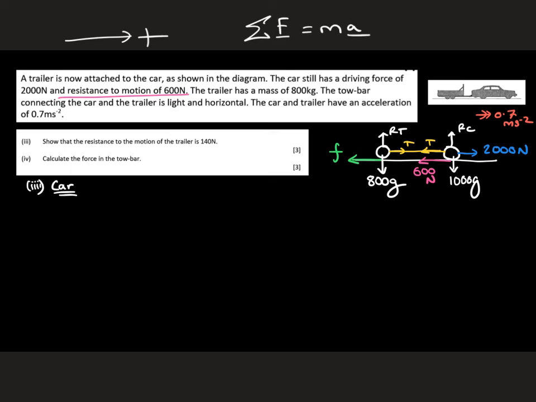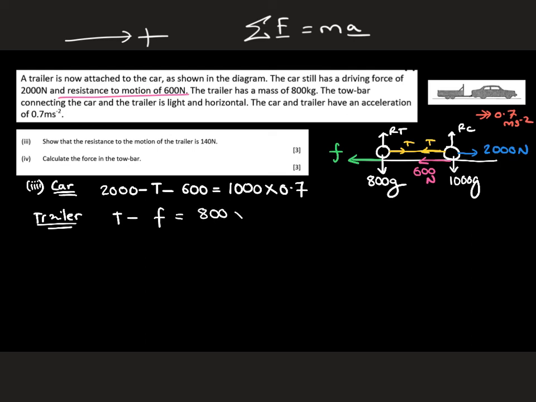So, for the car, we have 2,000 newtons forwards minus T minus 600 equals mass multiplied by acceleration, 0.7. Trailer. Same idea, everything going to the right is positive, so we have T minus F equals 800 multiplied by 0.7. We have a pair of simultaneous equations, and I'm going to proceed to add them together because this cancels out T.